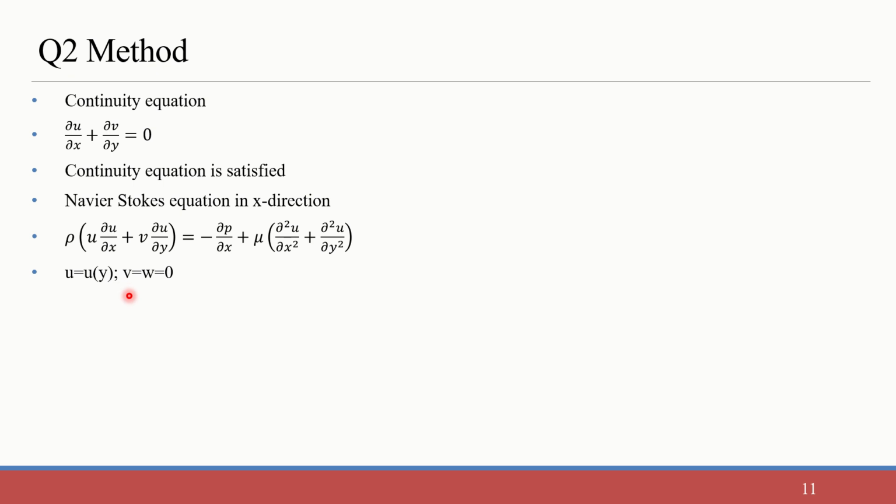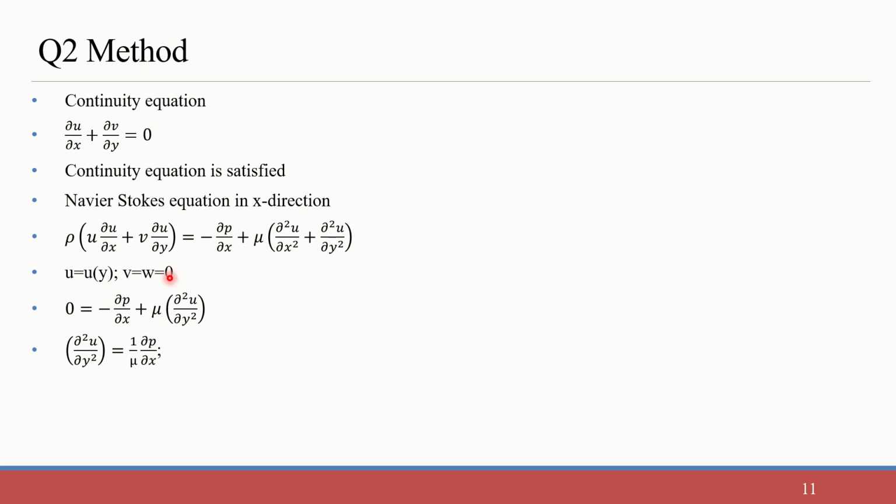U is a function of y and the v and w components of velocity are 0, so applying these approximations we get this equation, because the whole LHS becomes 0 and of the two viscous terms, the first one becomes 0 and the second one alone remains. So it is minus dou p by dou x plus mu into dou square u by dou y square.